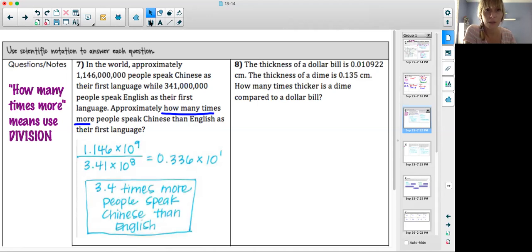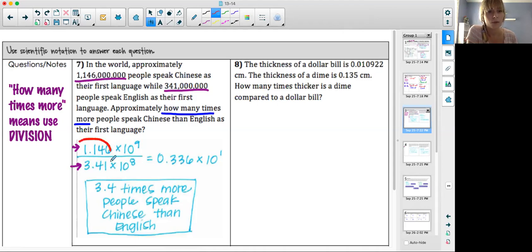Where did that come from? That came from changing this number into scientific notation. And then I took this one and changed it into scientific notation right there. 3.41 times 10 to the 8th. Then what did I do? It's a division problem. Make sure you're taking the time to write all of this down. You guys know when you take your pictures of your notes and submit them to your math teacher, they're looking for, did you write everything down?